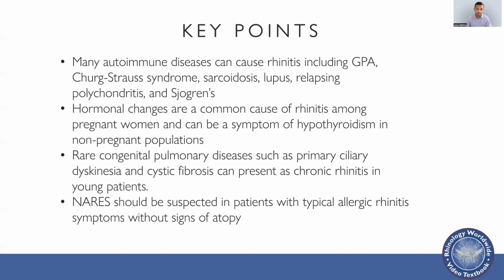Rare congenital pulmonary diseases like primary ciliary dyskinesia and cystic fibrosis can also present as chronic rhinitis in young patients. And NARES should be suspected in patients with typical allergic rhinitis symptoms, but without signs of atopy.